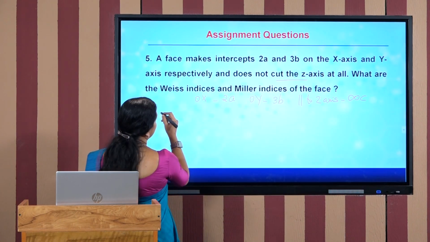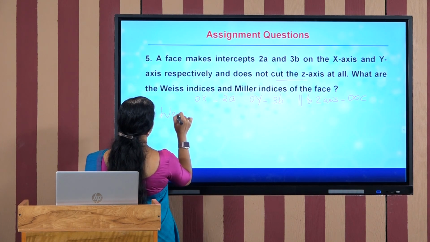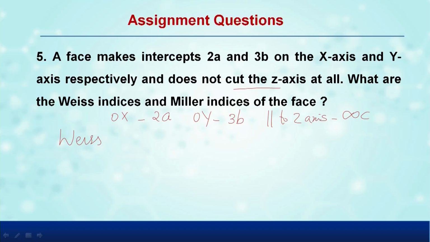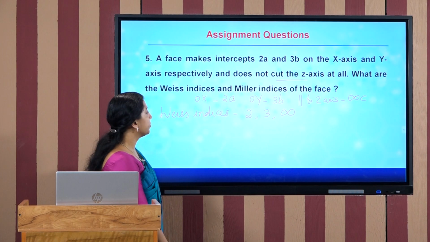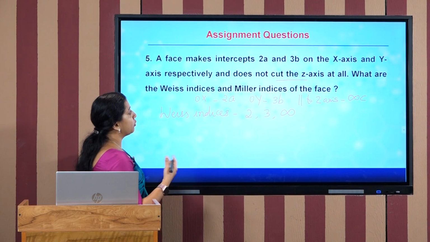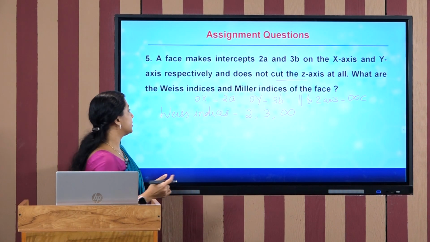So, what will be the Weiss indices? Weiss indices are nothing but the coefficients of the intercepts. So, we have the coefficient of a 2, coefficient of b 3 and the coefficient of c is infinity. Now, we have to find out the Miller indices.